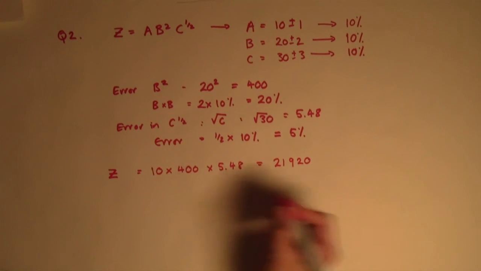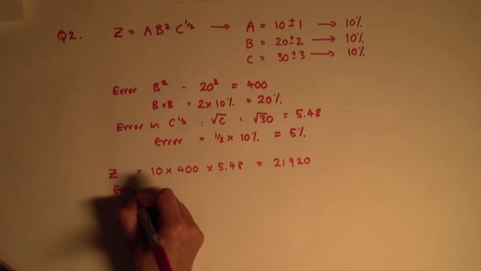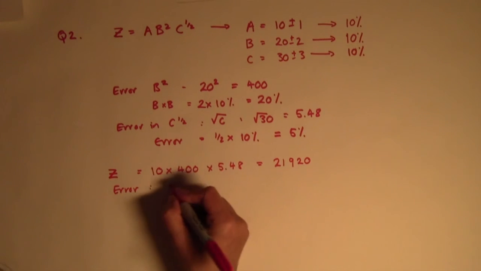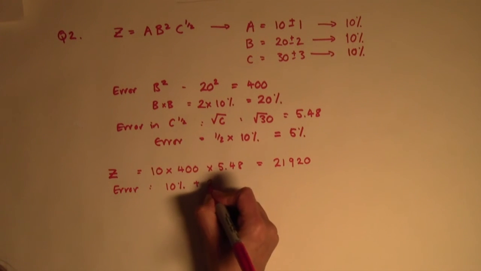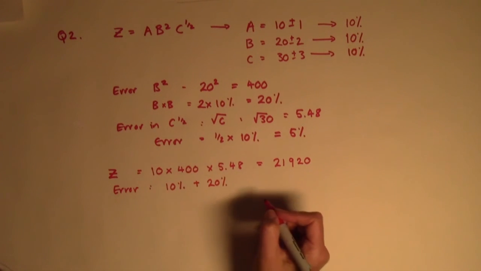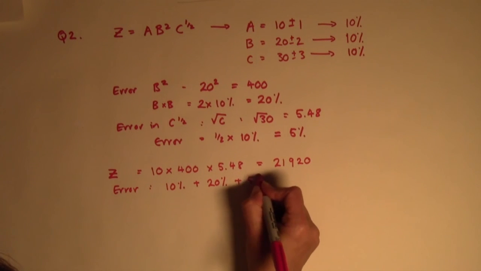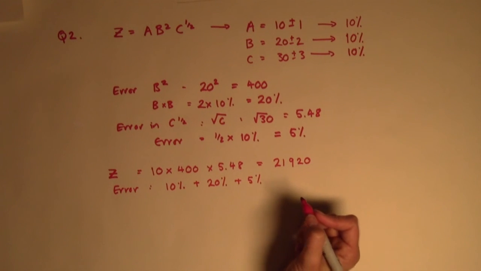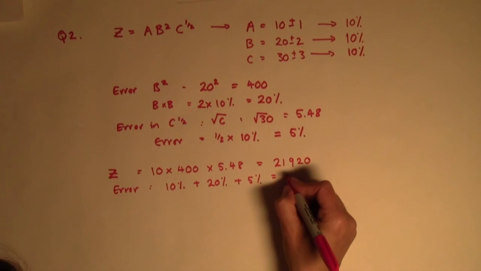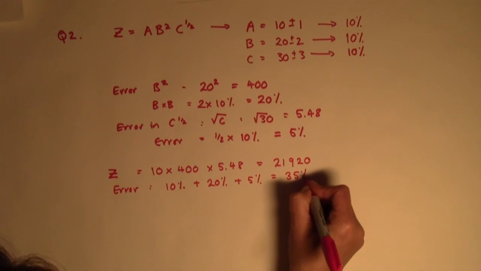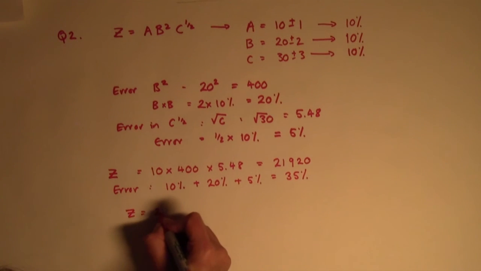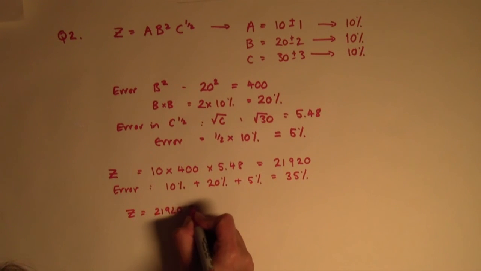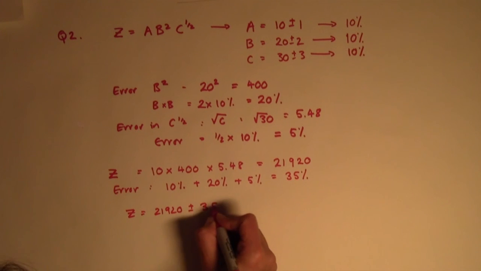And the error in total will be the 10% for a, plus the 20% for the b squared, plus the 5% for the c to the power of a half, which is 35%. So your final value, z, is 21,920 plus or minus 35%.